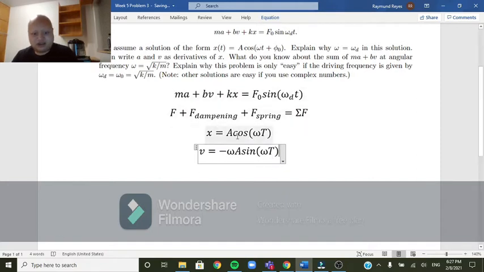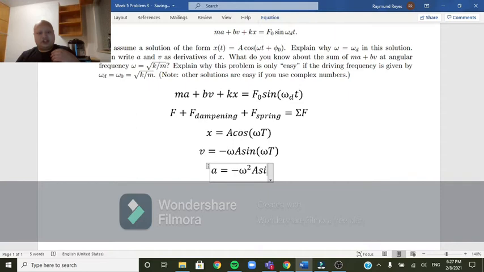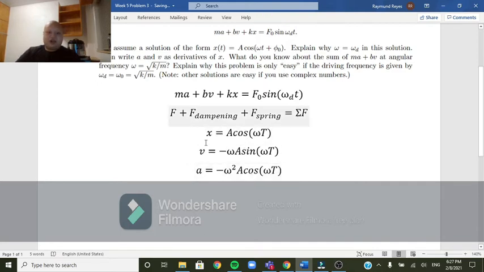And then to get acceleration, you would have to differentiate this again. If you know the chain rule and the derivative of a trigonometric function, the acceleration would equal negative omega squared amplitude cosine of omega t.